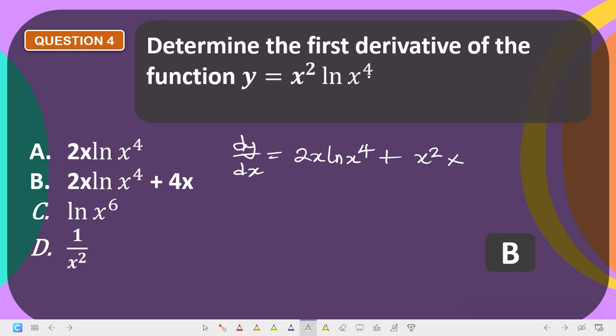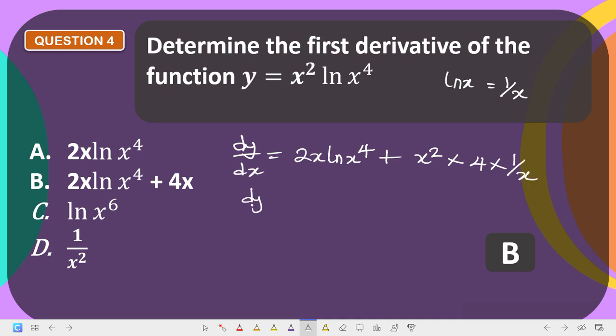What do you think that is going to give to us? Now, differentiate ln of s raised to the power of 4. All you need to do is to bring 4 backward. So this becomes 4 times, now ln of s, if you differentiate, it is the same thing as 1 all over s.